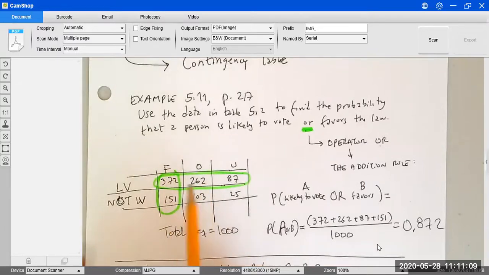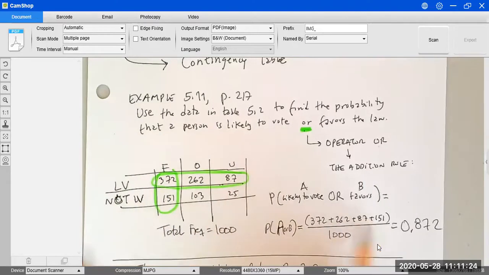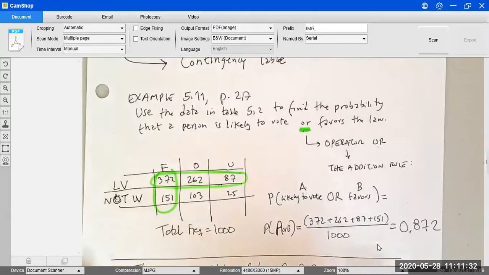But be careful, you shouldn't add twice this overlapping frequency. So the only value that we are missing to complete the frequencies that are in favor of this compound event is 151. So I'm adding 151 and I'm going to divide by the total frequencies, which is the sum of these six values, which is 1000. So you're going to get the result here, 0.872, as the probability that A occurs or B occurs.